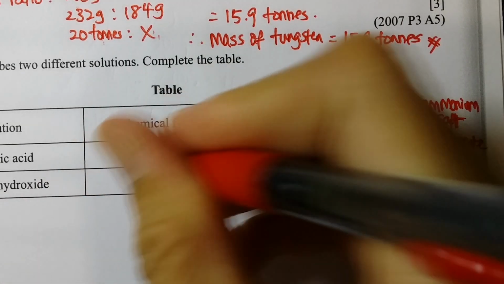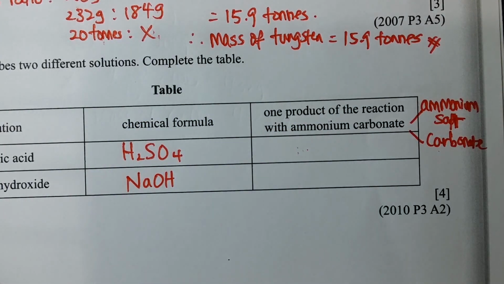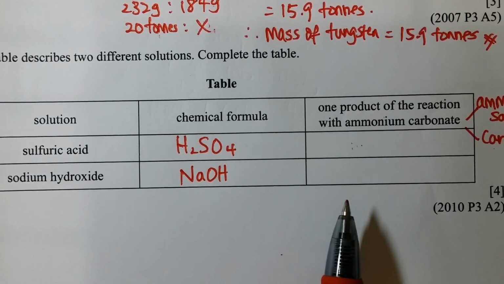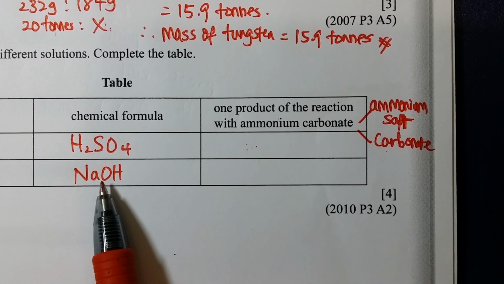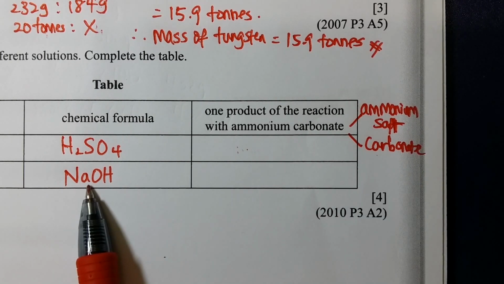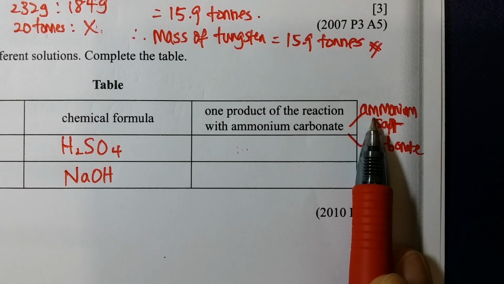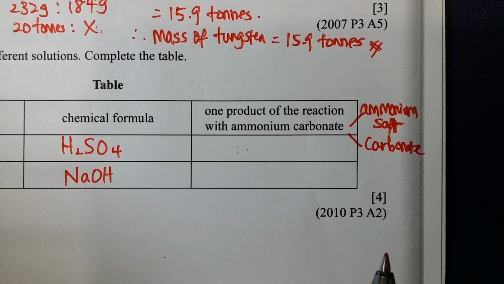How about for this chemical formula, sodium hydroxide, NaOH? Then you can ask yourself, this is an alkali. So is there a reaction between alkali and carbonate? Don't have. Alkali and carbonate don't react. How about alkali and ammonium salt? Yes, alkali and ammonium salt, you get ammonia, salt, and water.